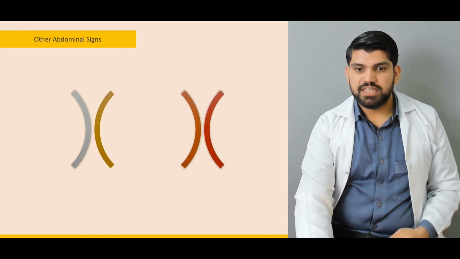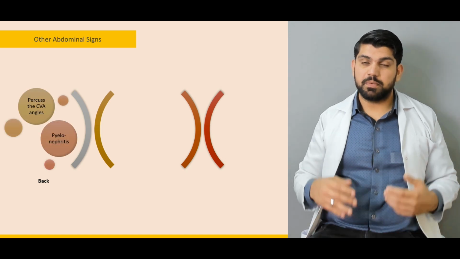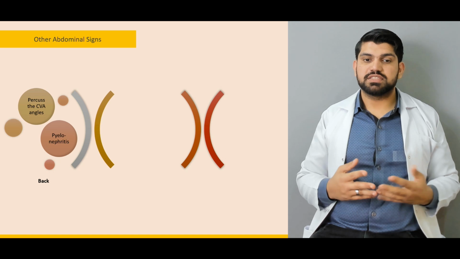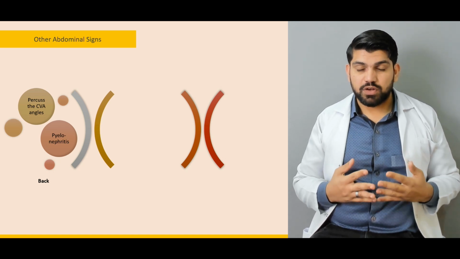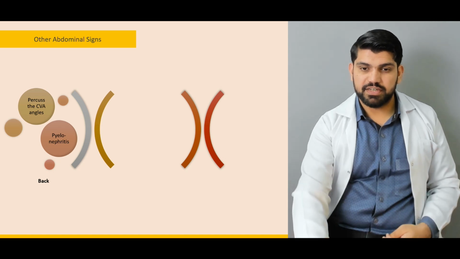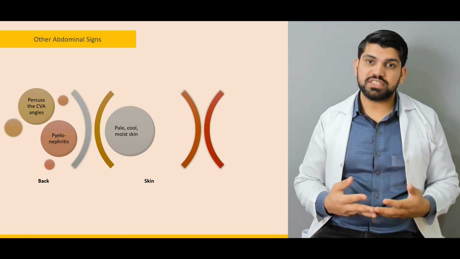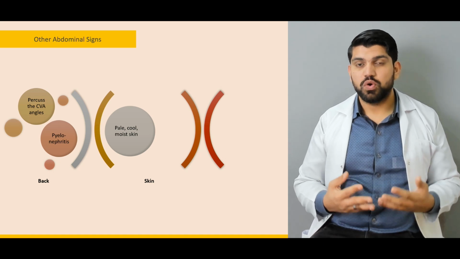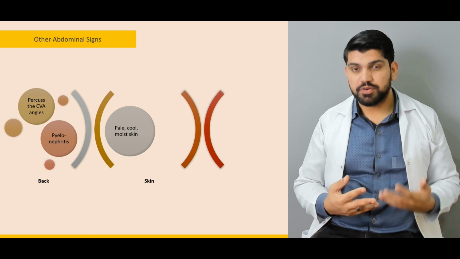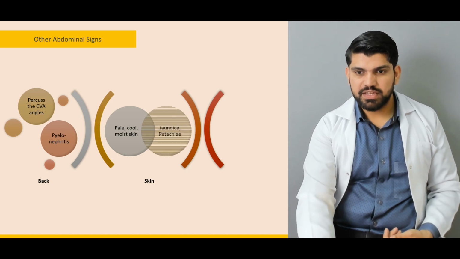So other abdominal signs, as I mentioned, on the back of the abdomen, there is costovertebral angle tenderness, characteristic of pyelonephritis. On the skin, pale, cool skin, moist skin, signs of dehydration, or increased capillary refill time, or signs of septic shock or septicemia.